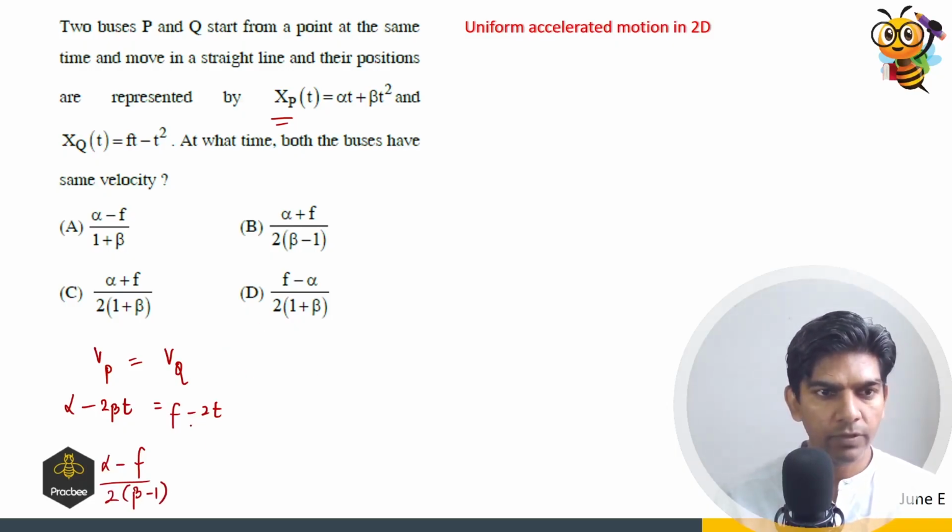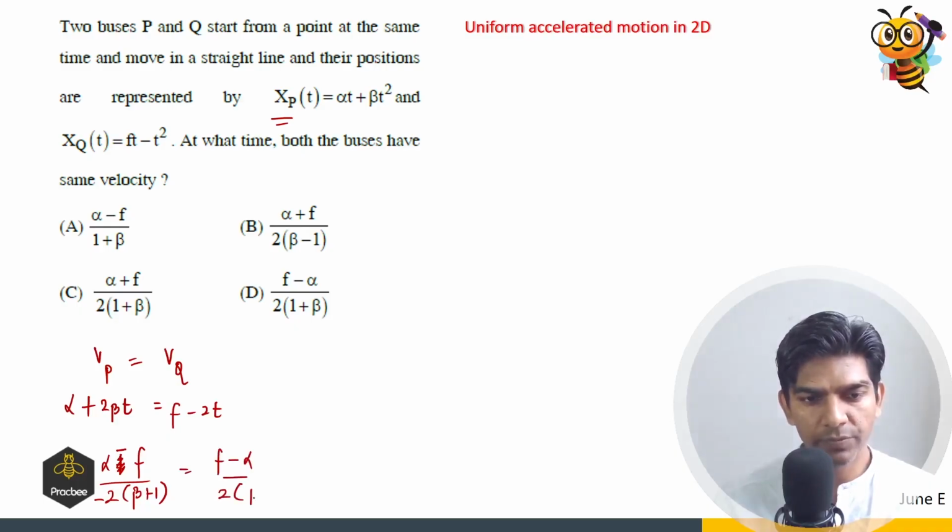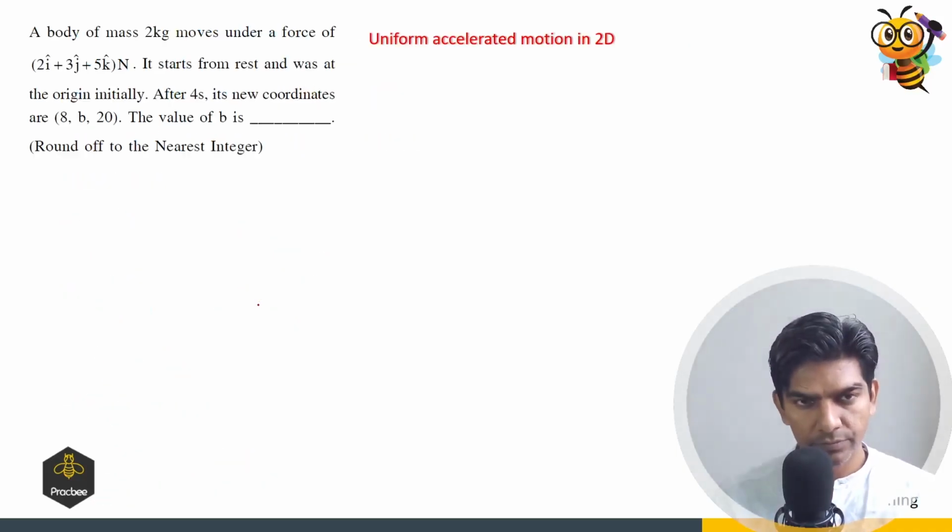Let me again check. Sorry, this is plus, right? So this will be alpha minus f, and it will be minus of this, so it will be (f minus alpha) divided by 2 times (beta plus 1). So option D is the right answer.